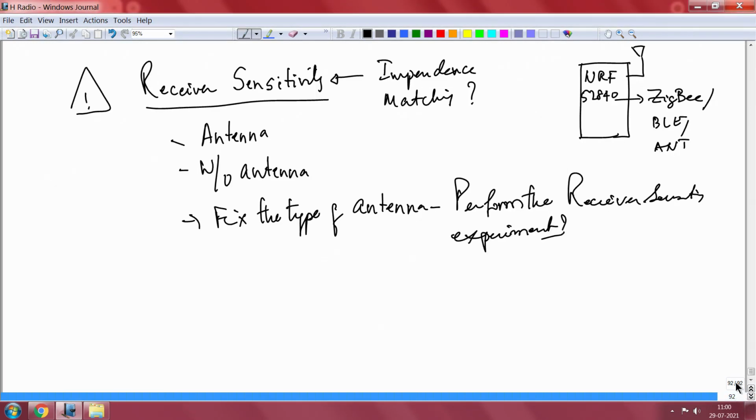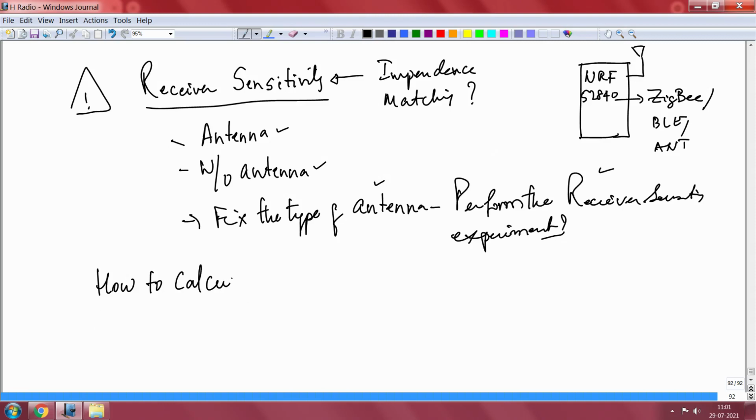So we have to continue understanding the fact that the antenna has a certain gain and receiver sensitivity, whether it is coated with antenna or without antenna, whether the antenna is fixed and then you are doing receiver sensitivity calculations, all of that. Now the question is how to calculate.